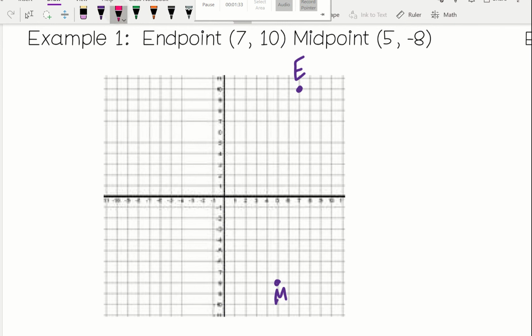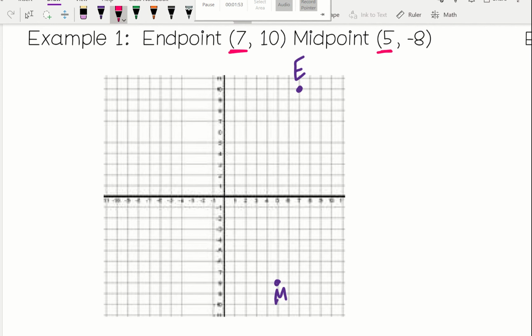So the way that you can do this algebraically is just like how we did it whenever it was a midpoint of a segment, using the two endpoints. Okay? So I use the x coordinate. We have to do it twice because there's an x coordinate and a y coordinate. The x coordinate of the endpoint, the x coordinate of the midpoint.